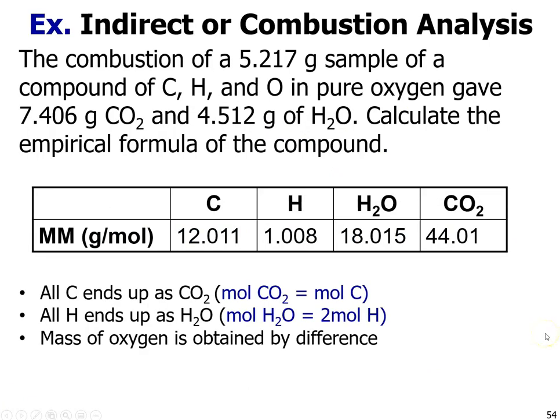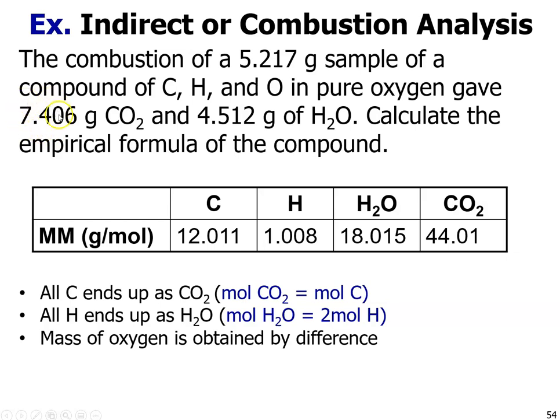Here's an example of combustion analysis in this kind of compound. We're looking at combusting a sample that's 5.217 grams, and it contains carbon, hydrogen, and oxygen. And we're using pure oxygen to burn the sample.